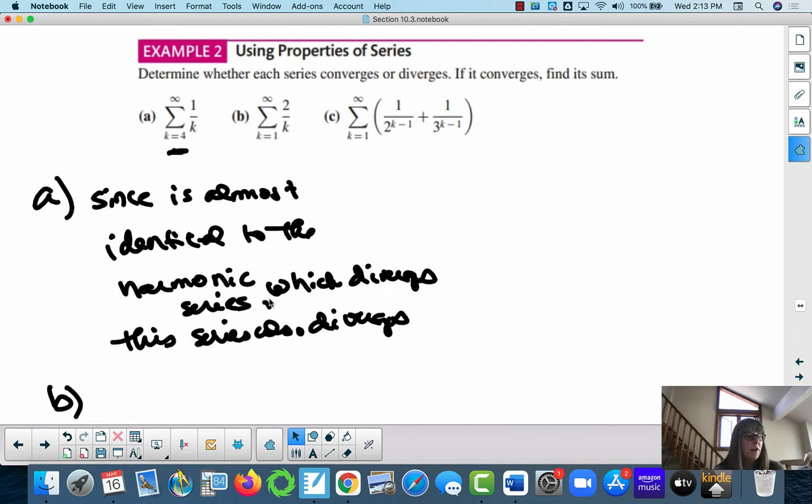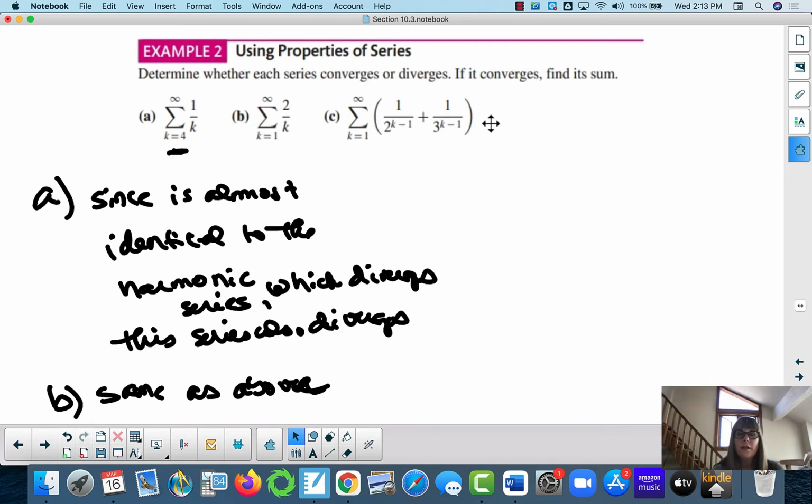Same thing with 2 over k, because we're using the constant multiple rule. So we still have a harmonic series, and then we have a harmonic series times 2. So since the harmonic series diverges, that series is also going to diverge.